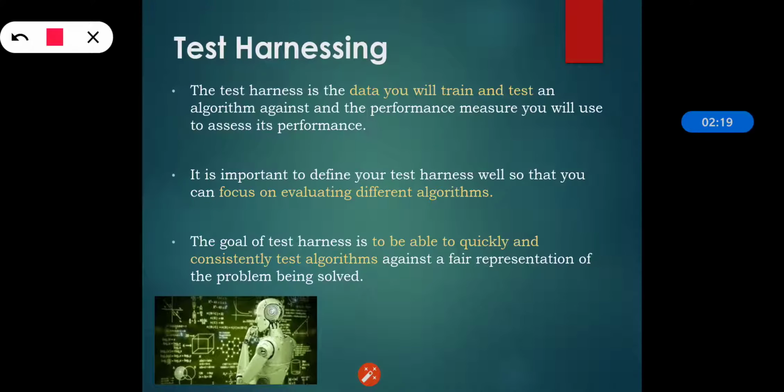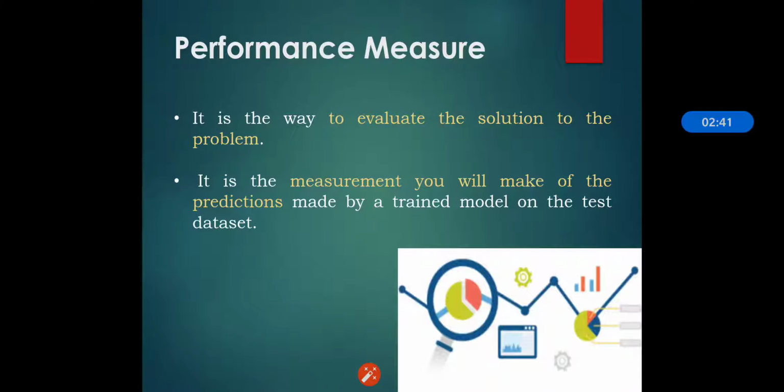The better you define your test harness, the better evaluation you will have of the different algorithms. That's why the goal of the test harness is to be able to quickly and consistently test algorithms against a fair representation of the problems that are being solved. That is the main reason the test harness is used.